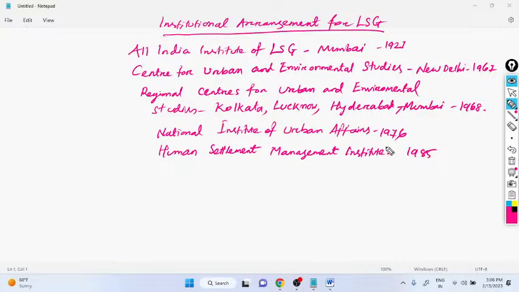So these are the institutional arrangement for municipal administration in India. Kindly take a note of this.